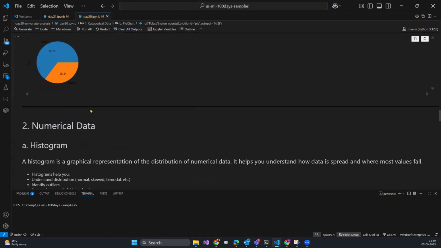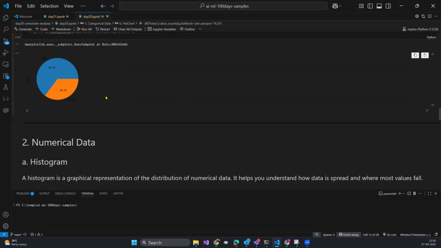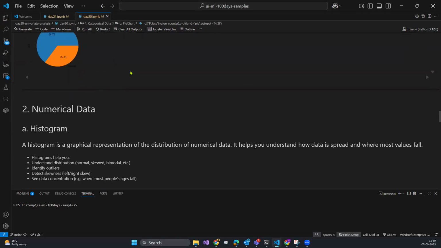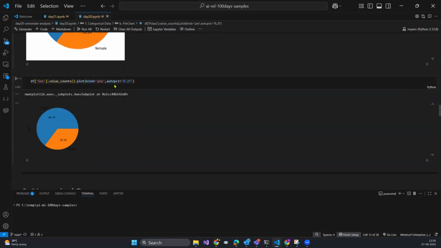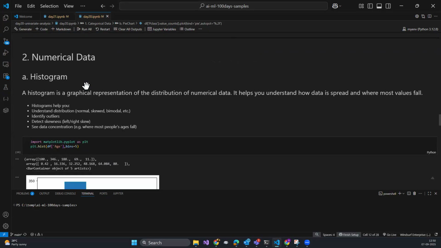So this is the chart way of exploring the data, and this is for one variable, right? And this is called univariate analysis. Earlier was for categorical. Now we can perform the same thing for numerical data as well.